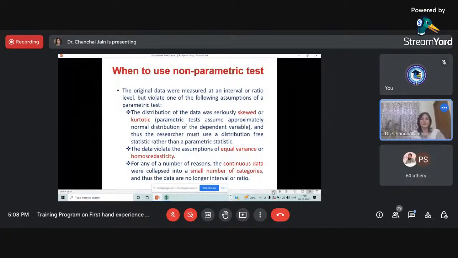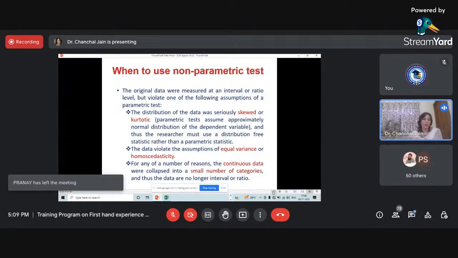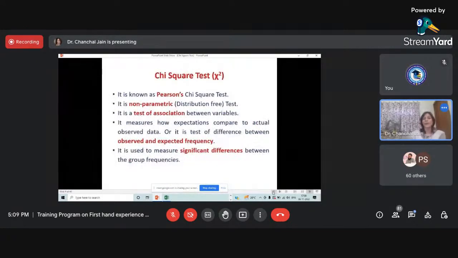One is the normal distribution, and the second one is equal variance or homogeneity of variance among the groups of any variable. So if these assumptions are not followed by the variable, we will go for the non-parametric test. So these were the certain things we need to keep in our mind while selecting the non-parametric test.